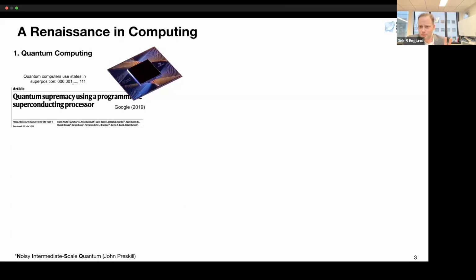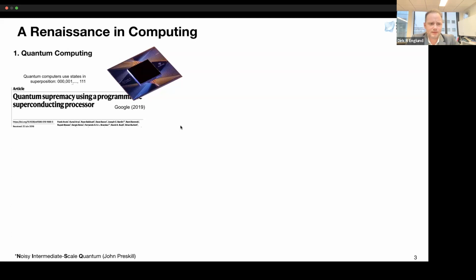There are in particular two areas in which photonics is finding a great demand. These are the ones that really are motivating a lot of the work that I'll talk to you about today. One of them is in quantum computing. You've seen over the last years a tremendous amount of progress.